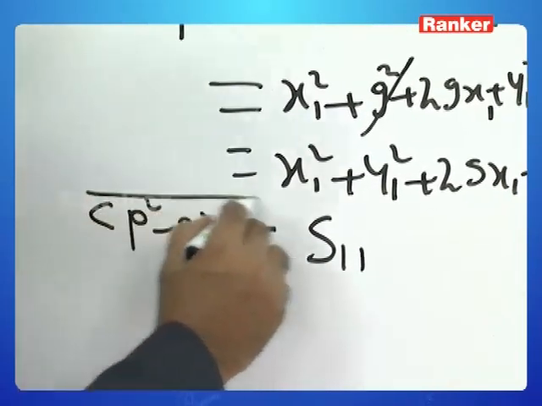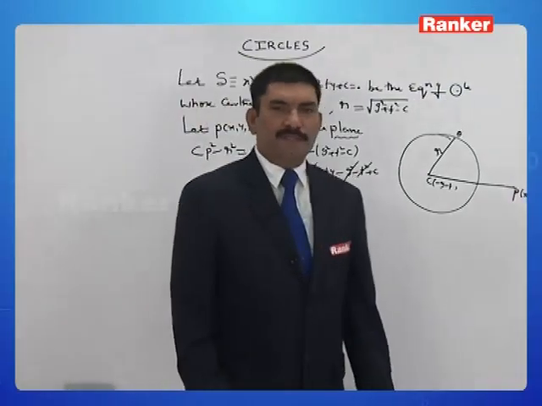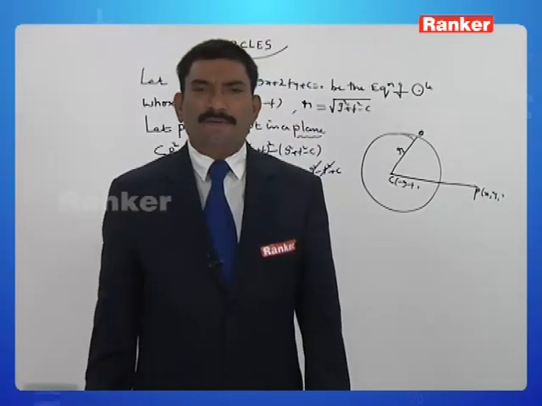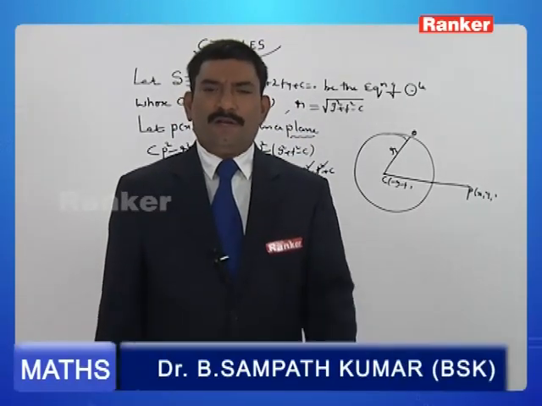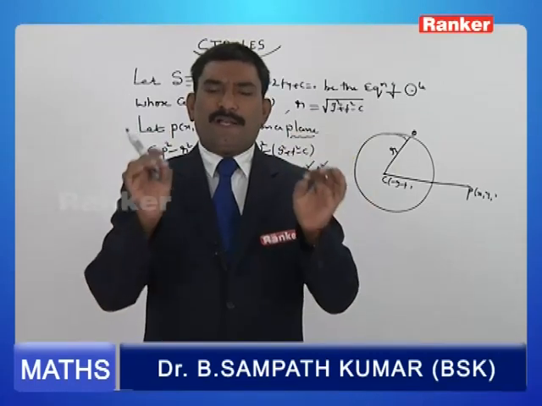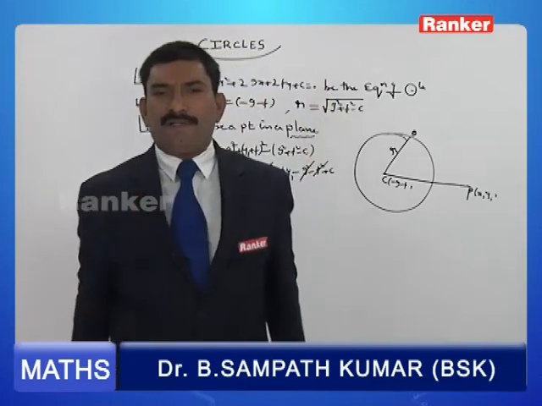Hereafter, CP square minus R square is represented with S11. Nevertheless, S11 is nothing but CP square minus R square. Now, let us discuss the exact position of a point P with respect to the circle.